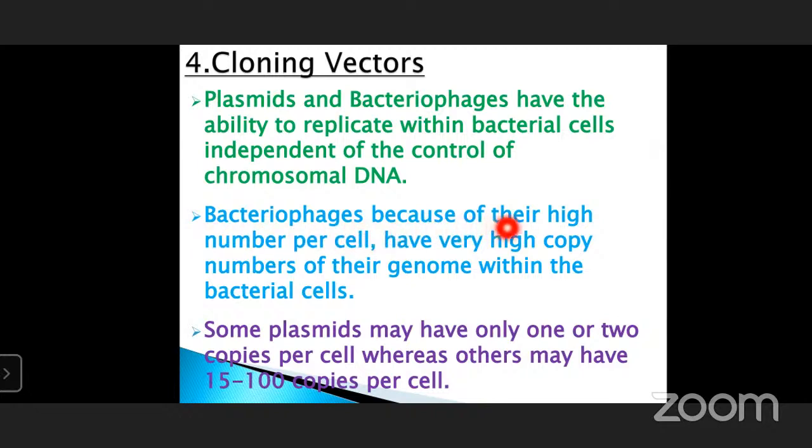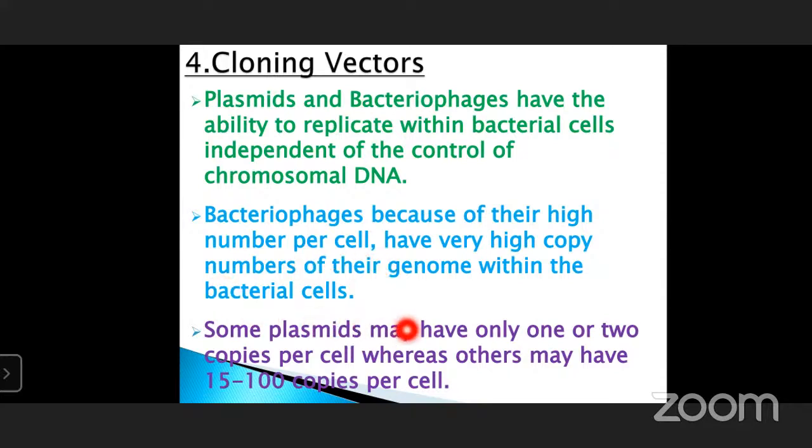Bacteriophages, because of their high number per cell, have very high copy numbers of their genome within the bacterial cell. The copy number of bacteriophages as well as of plasmids varies from one bacterial cell to another.